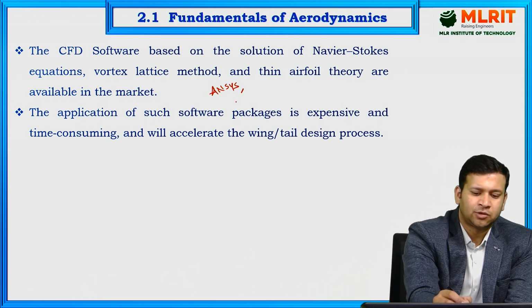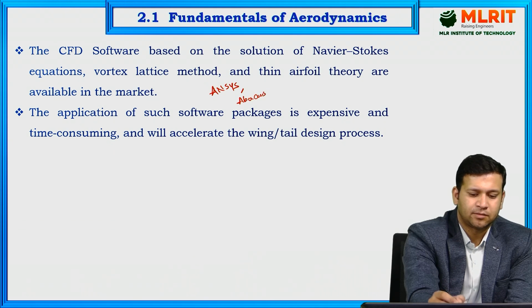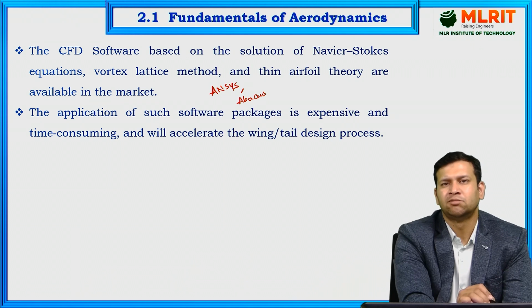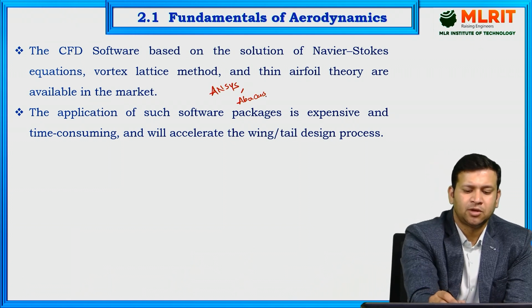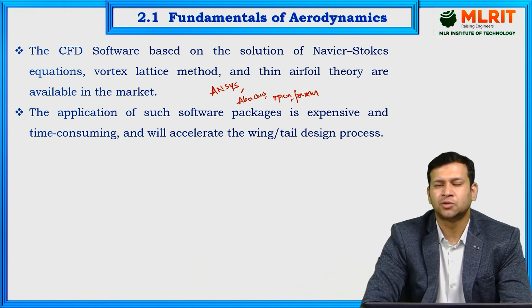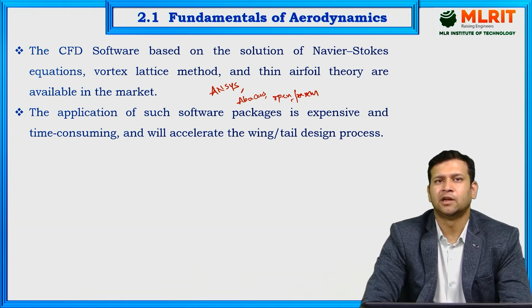We also have Abaqus. This is a Dassault Systems tool, which can be used for aerodynamic analysis, and we can also use an open source tool, that is OpenFOAM. OpenFOAM is an open source tool which is available for CFD analysis.